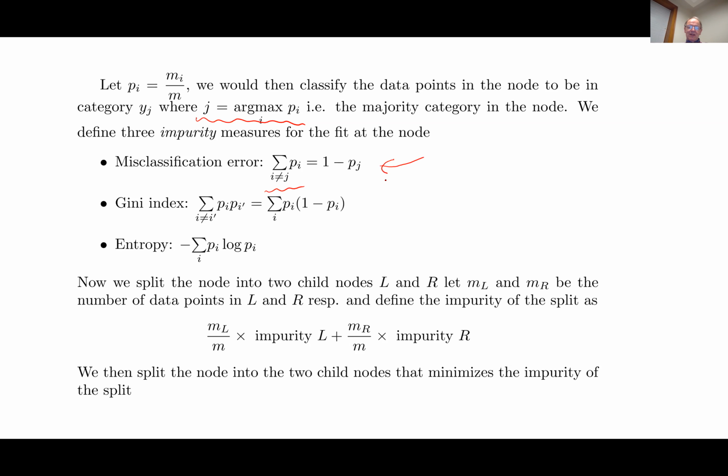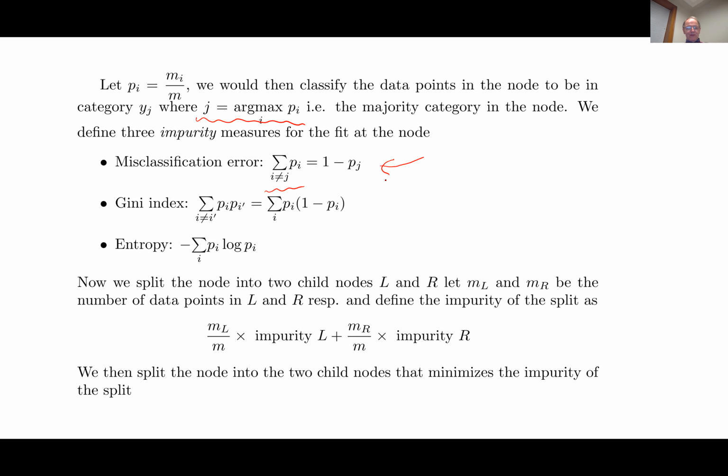It simply says how many are not in this majority category, so it measures how many other categories are present in this data set. That's not a very good measure, but some people use it.